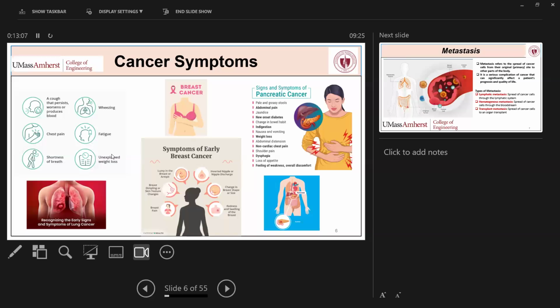Early symptoms include a lump in the breast or armpit, breast pain, redness or swelling of the breast, changes in breast shape or size, skin texture changes, inverted nipple or nipple discharge. All those are breast cancer symptoms.